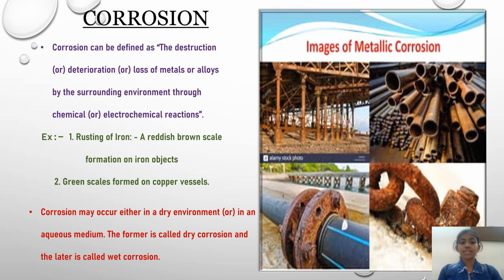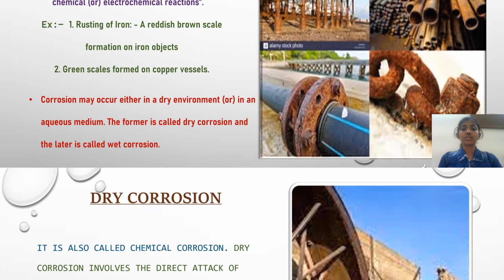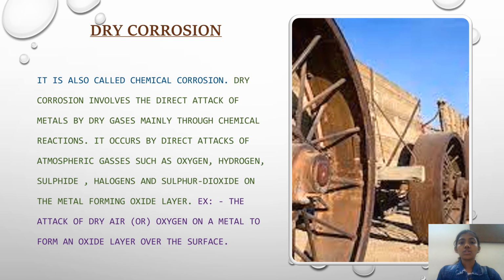Corrosion may occur in dry environment or in aqueous medium. The former one is called dry corrosion and the latter is called wet corrosion. Dry corrosion. Dry corrosion is also called chemical corrosion. In this, dry gases directly attack metals mainly through chemical reactions.